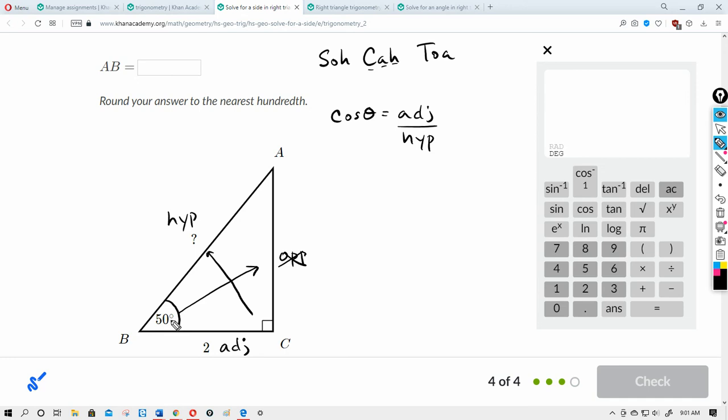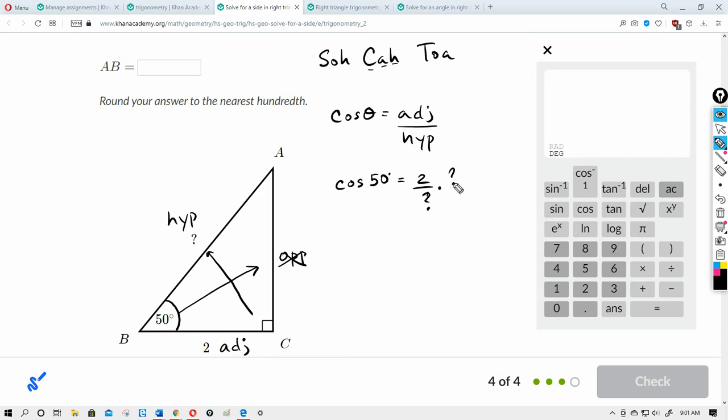Okay? So our angle theta is 50. Our adjacent side is 2. And the hypotenuse is question mark. Now that the question mark is in the denominator, you need 2 steps.